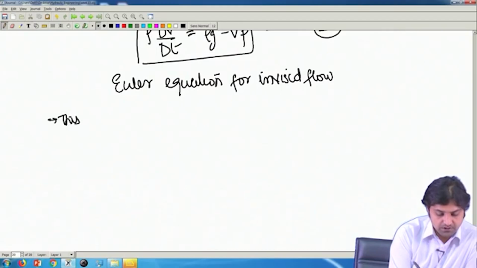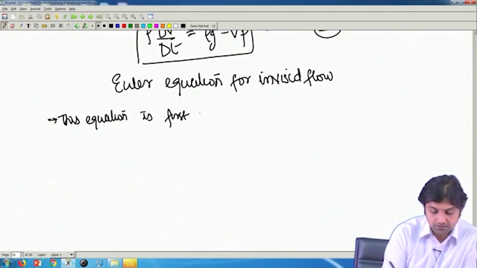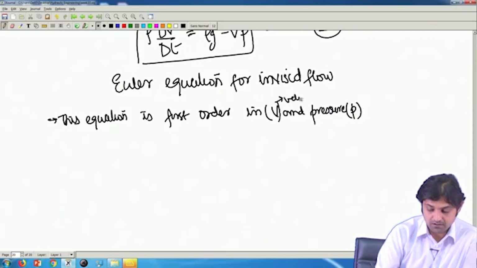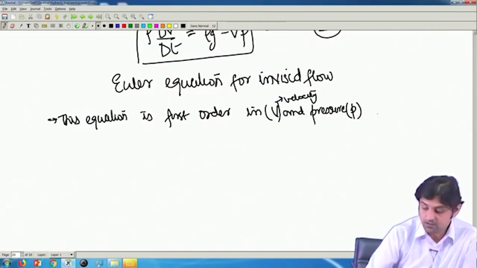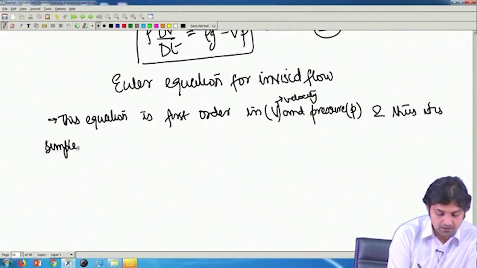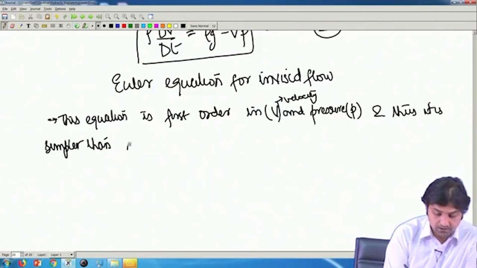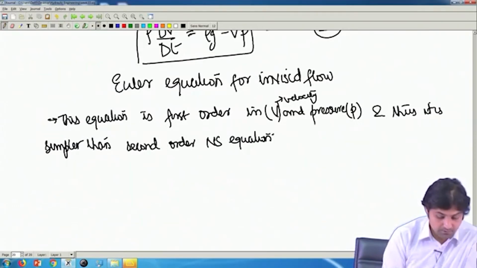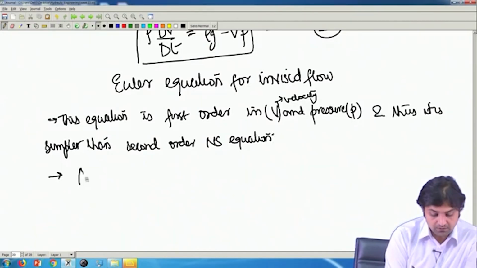This equation is first order in velocity and pressure, and thus it is simpler than the viscous one. Another change is in viscous fluid flow.